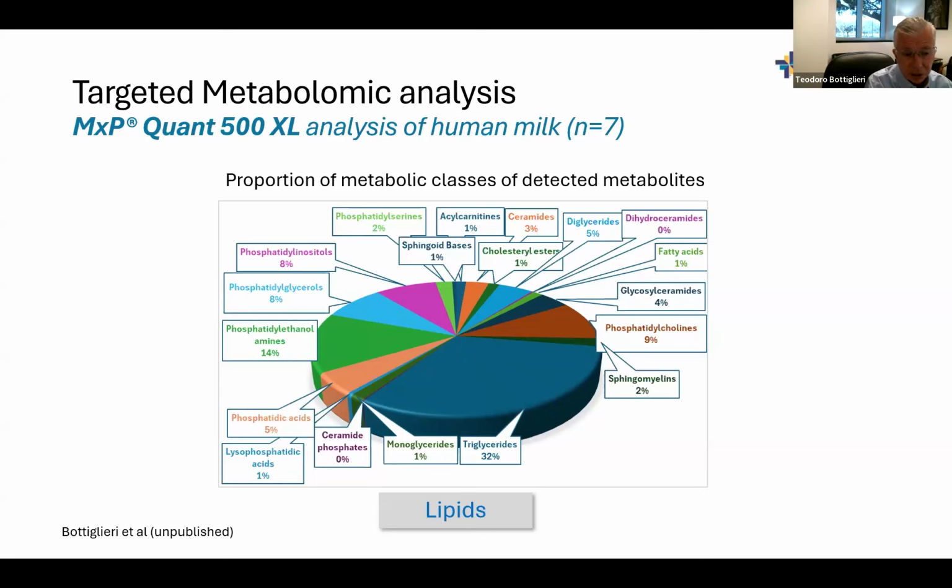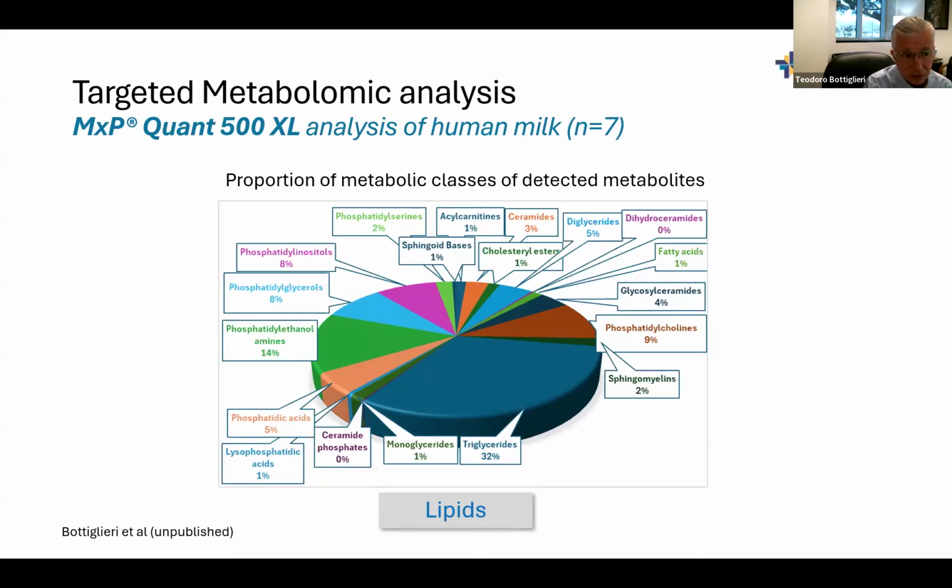And again, this changes the proportions a little bit compared to what we've seen before in an earlier figure with the Quant 500. Really important ones here are the phosphatidylethanolamines and the phosphatidylcholines, where the phosphatidylethanolamines were not detected before, and we can pick them up now in the XL kit.